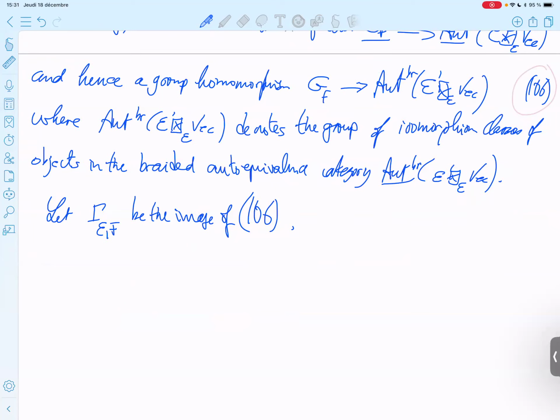So the Tannakian subcategory is maximal if it is not properly contained in any other Tannakian subcategory.